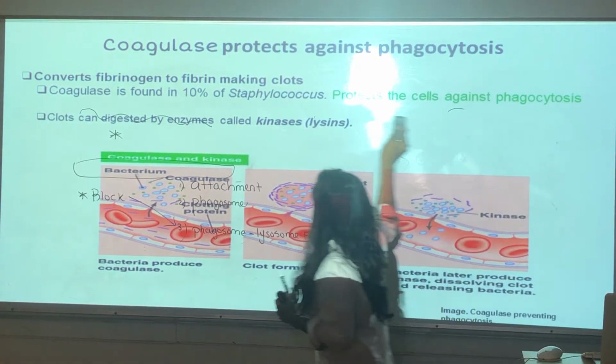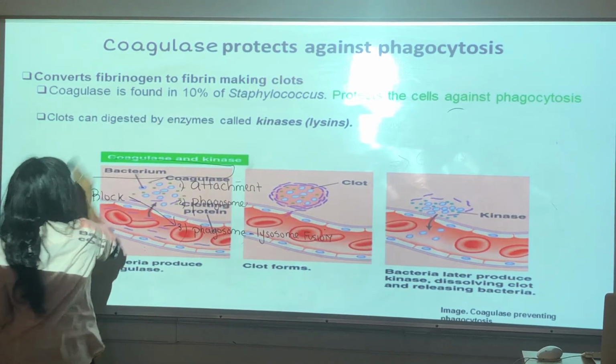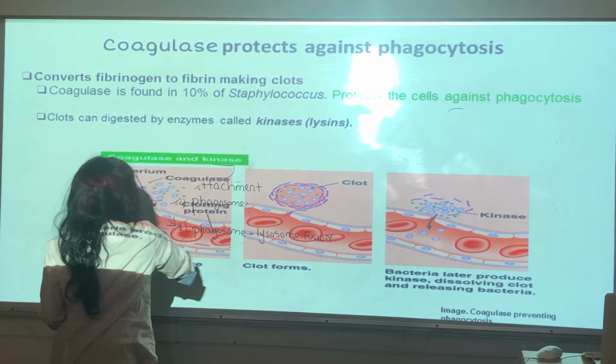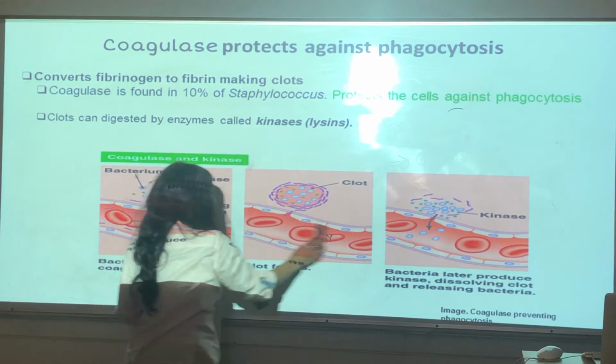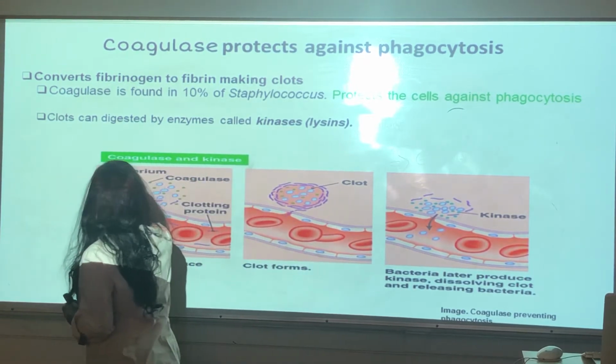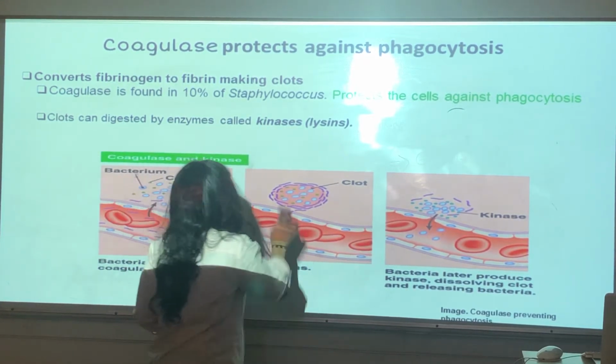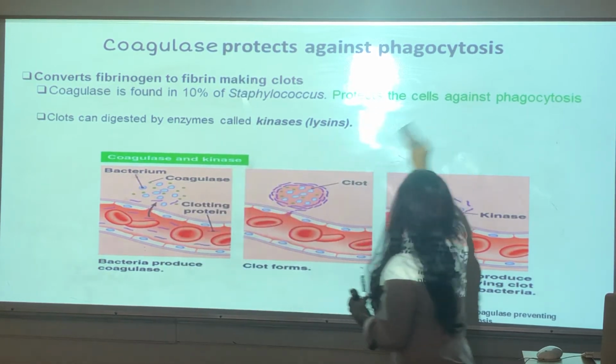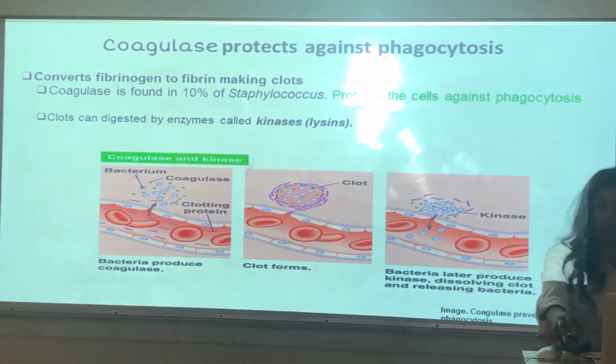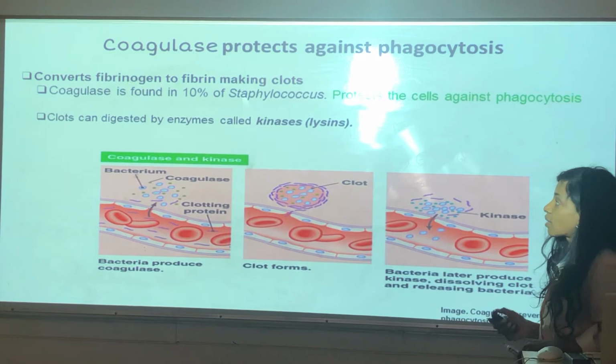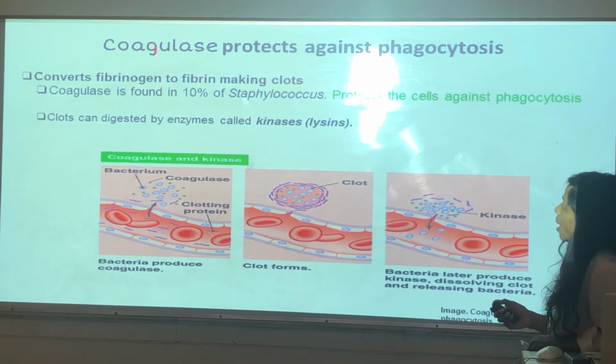So another familiar structure, coagulase. Coagulase is also a factor that protects the microbe against phagocytosis. With coagulase, you guys have performed this test in the lab and we've talked about it. It will convert fibrinogen to fibrin.